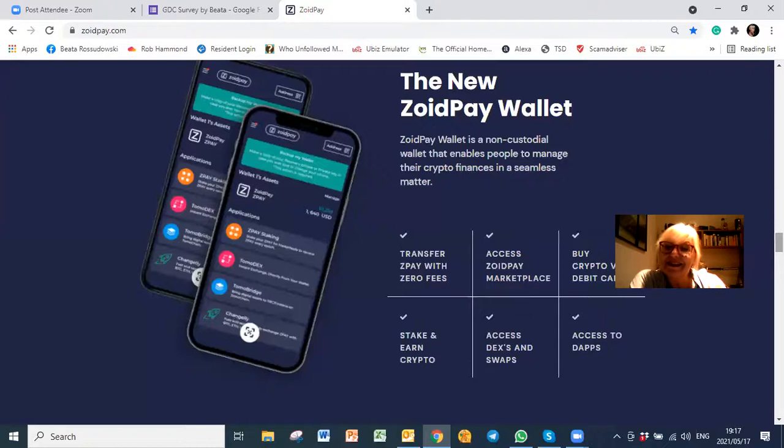The next nice thing about the ZoidPay wallet from my perspective is that the transfer of ZoidPay coins will be at zero fees. For how long? We've got no idea. I've got no idea. But for current ZoidPay payments and transfers, it's at zero fees.